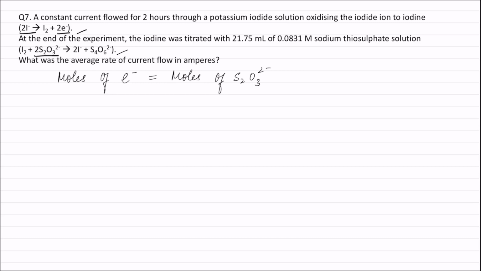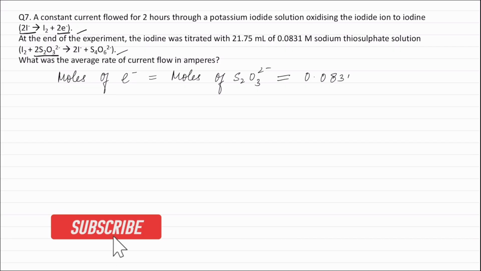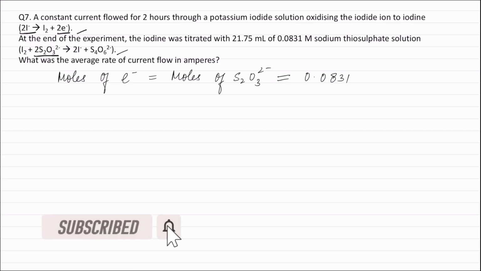Now how to get moles of thiosulfate ion? To get the moles of thiosulfate ions, multiply the molarity of sodium thiosulfate solution, that is 0.0831 M, by volume of the sodium thiosulfate solution, which is given as 21.75 milliliter, or in liters it will be 21.75 divided by 1000 liters.